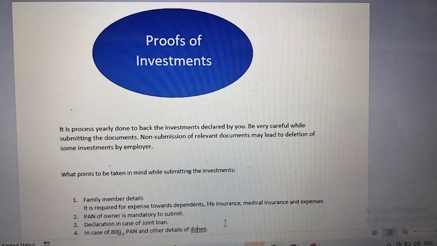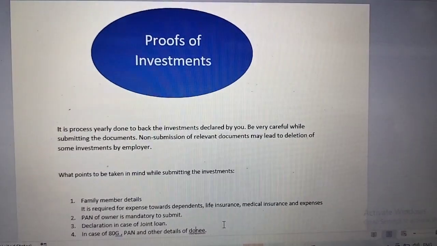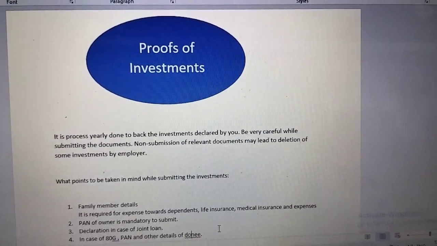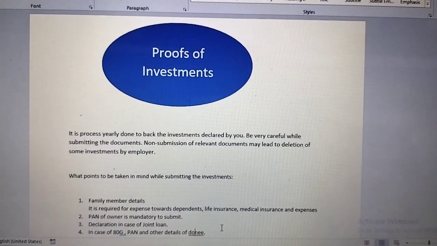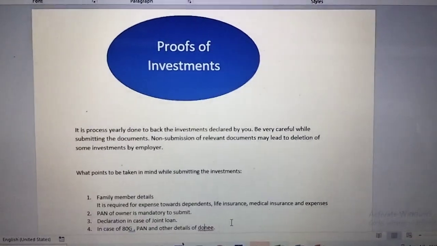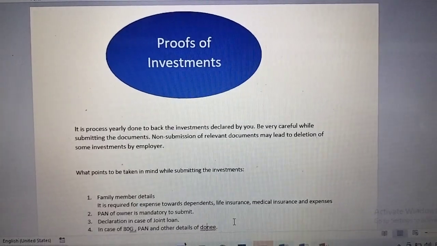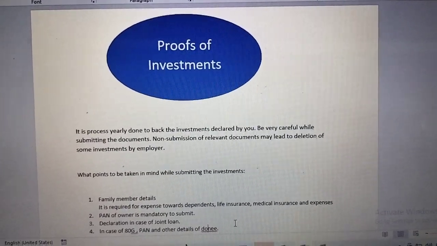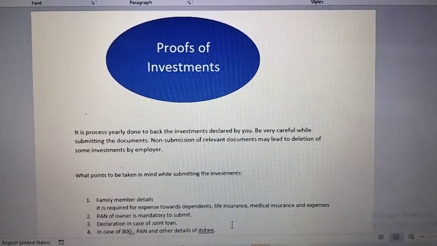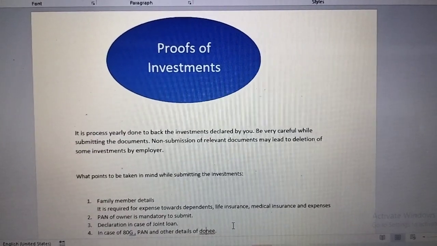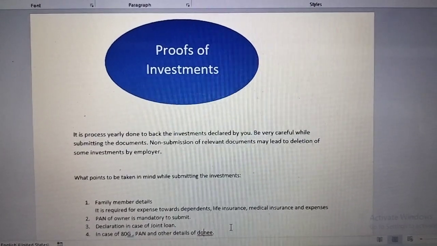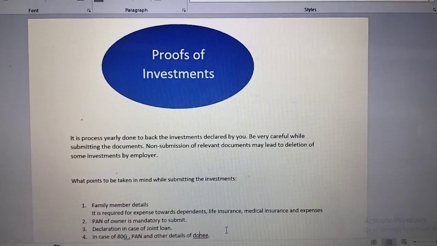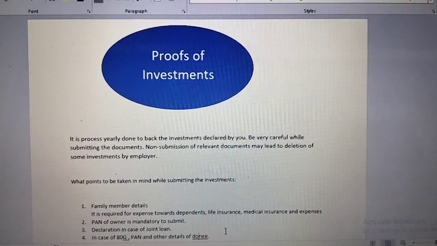This usually takes place in the month of December, January. So at that time you have to submit. Accordingly your tax would be calculated. So be very careful. Non-submission of some documents may lead to a deletion of some investments.